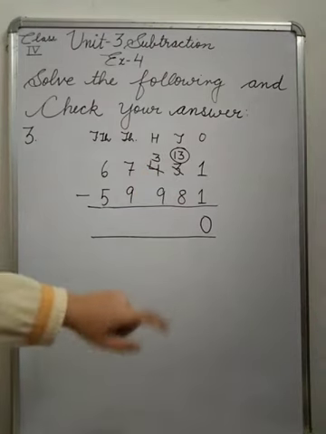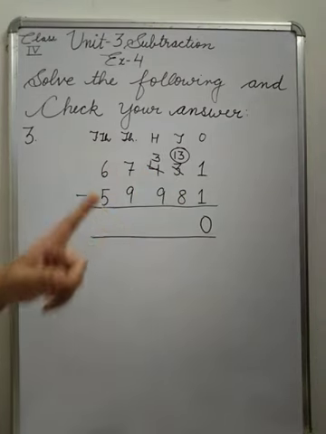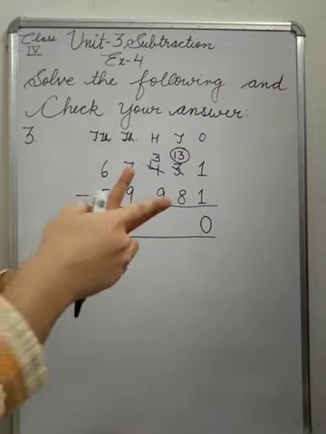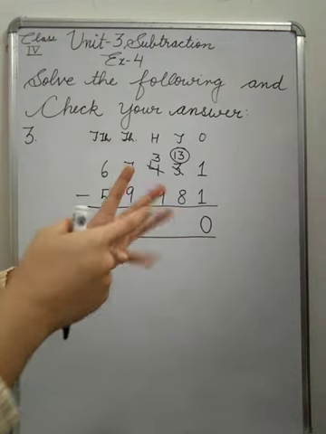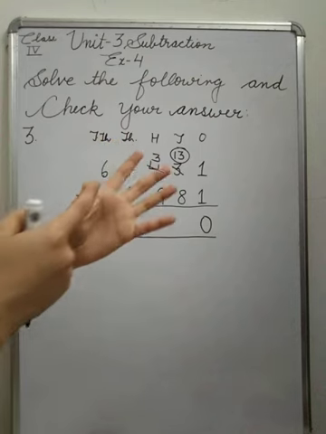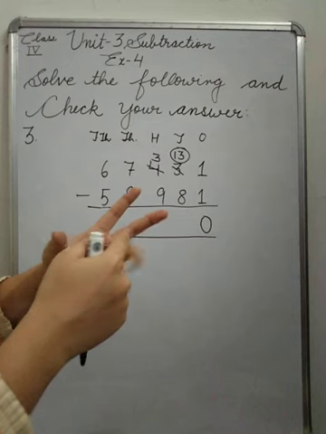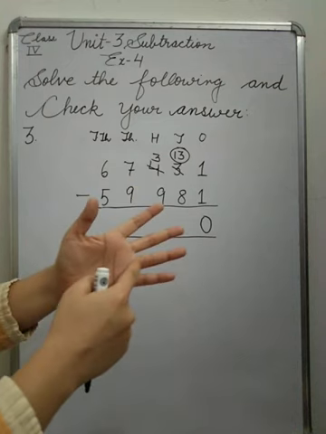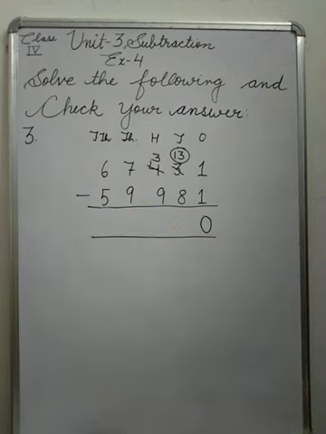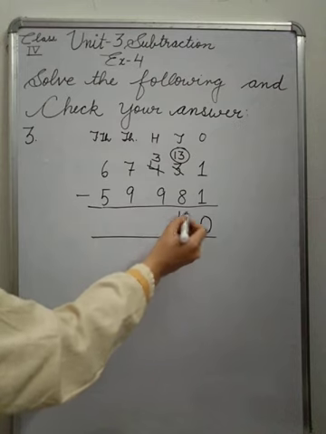Okay, 13 minus 8: 1, 2, 3, up to 13. Subtract 8. What is remaining? 5. So write it here, 5.